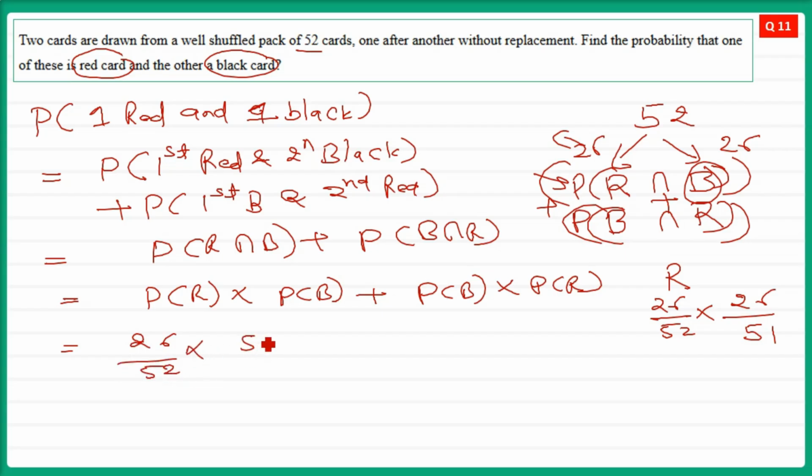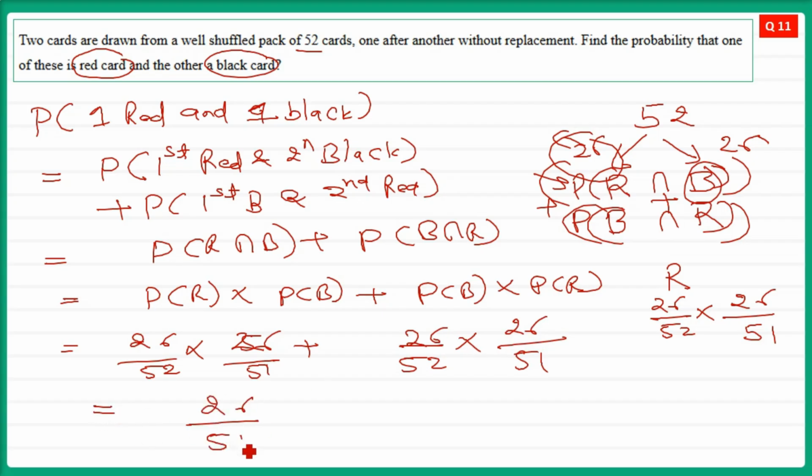That is why I am writing 26 by 52 for the first red card, and 26 by 51 for the second black card. For the second case, black again, there are 26 black, 26 by 52. 51 are remaining now. Still there are 26 red cards, so 26 will remain as it is. We are not picking up anything from the red cards for the second case. This is 26 by 51. Answer will be this one.